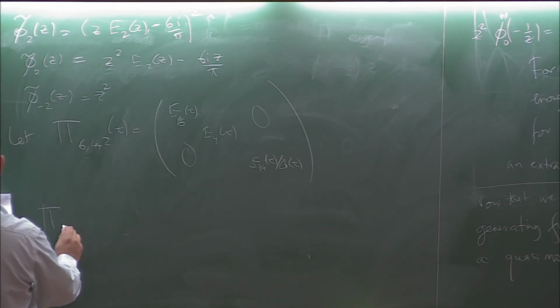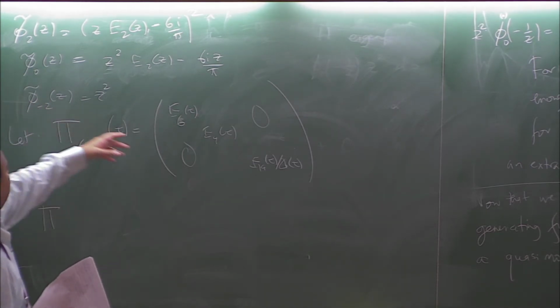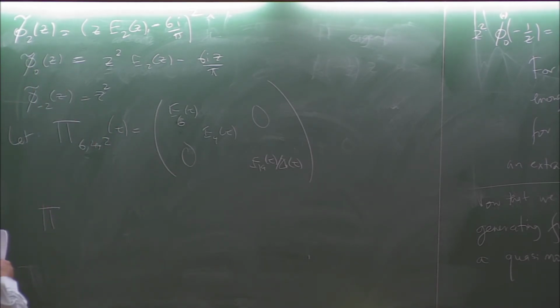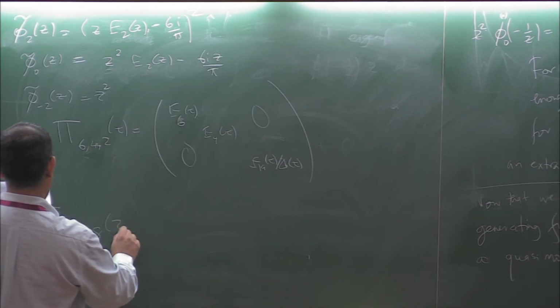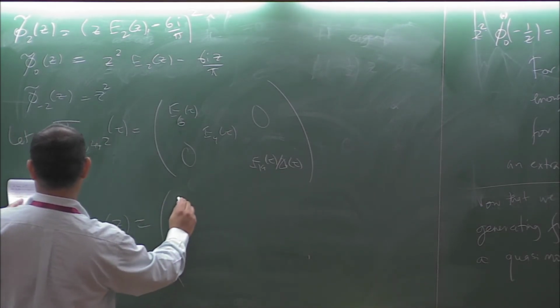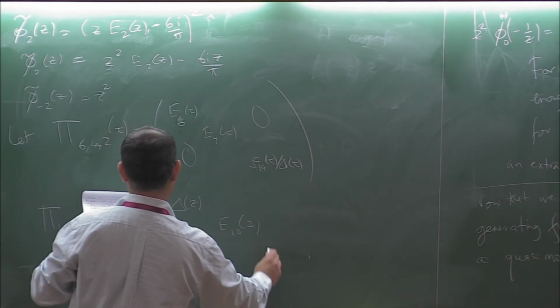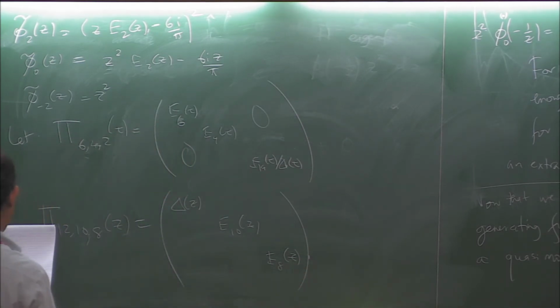The subscripts 6, 4, 2 are supposed to encode some kind of weight; 6 is the weight of E6, and so on. Pi 12 10 8 of z is the diagonal matrix with delta of z, E10 of z, E8 of z. Okay, let's keep going.